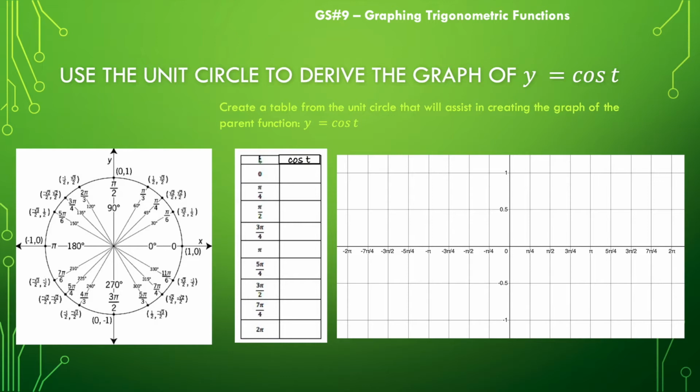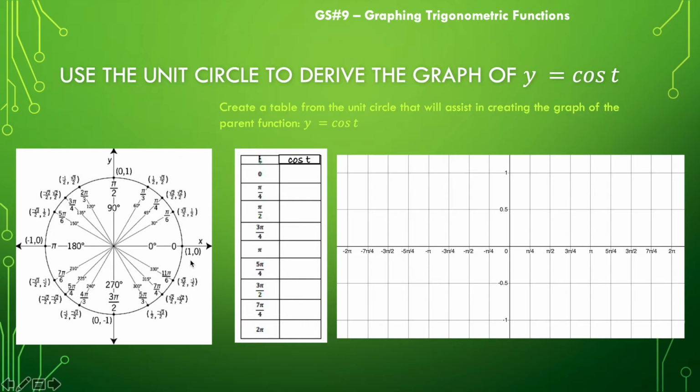So let's progress around the unit circle, counting by 45 degrees or pi over 4 all the way around. Remember that the x coordinate is the output of cosine of t, where t is the angle measure. As we work our way around the unit circle, we're going to just pull the x coordinates.